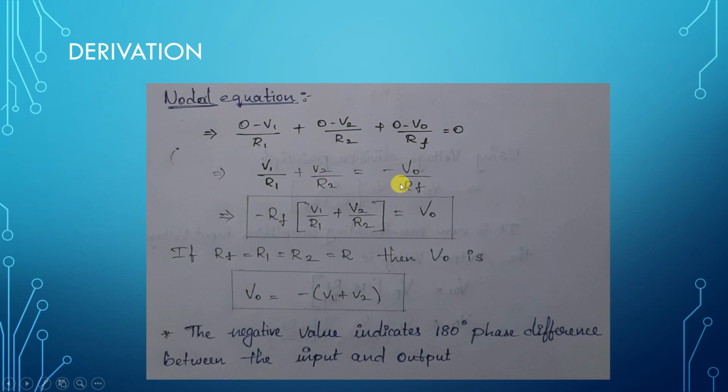And at last we get V0 equal to minus RF times V1 by R1 plus V2 by R2. When the resistances are equal, we get V0 equal to minus (V1 plus V2). That is the sum of both the voltages. The negative sign indicates that there is a 180-degree phase difference between the input and the output.